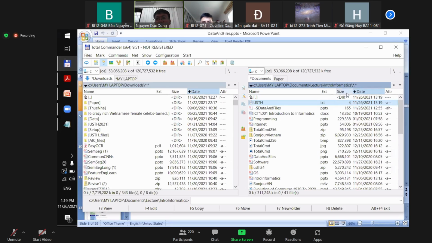The file size is 4 bytes. I have just created a new document, and my document has 4 characters, USTH, and requires 4 bytes to store the content of the text file.